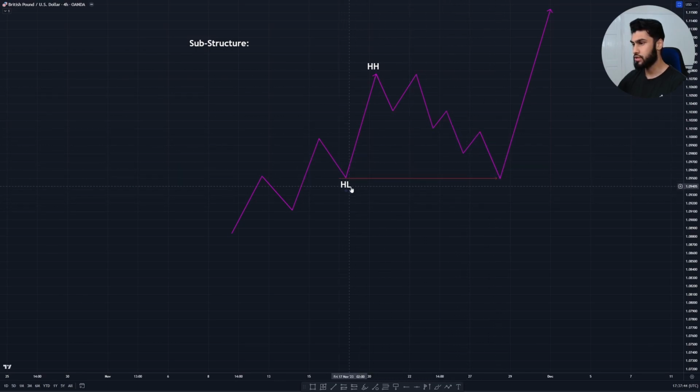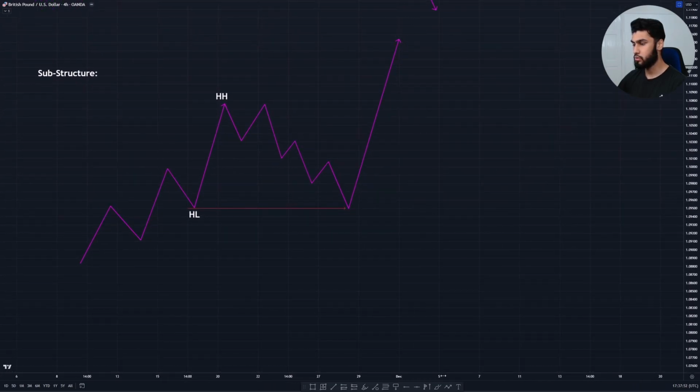So that just shows you this point is much stronger than this downtrend move over here. So that's basically substructure. Now I can also give you an example of a downtrend substructure, which is again creating lower lows and lower highs. And once price starts to create many higher highs and many higher lows, we're in an uptrend.